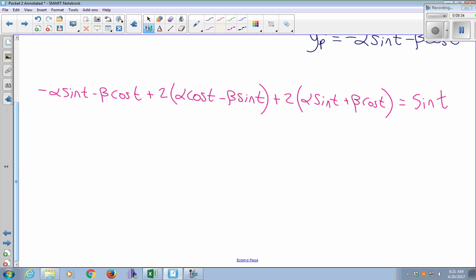All right, so I'm going to do a couple of steps in one here. I'm going to distribute and combine like terms. So I have a negative alpha sine t here, and when I distribute this 2, I'm going to get a negative 2 beta sine t, and then I'm going to have a 2 alpha sine t. So I have negative alpha plus 2 alpha is alpha, and then minus 2 beta sines.